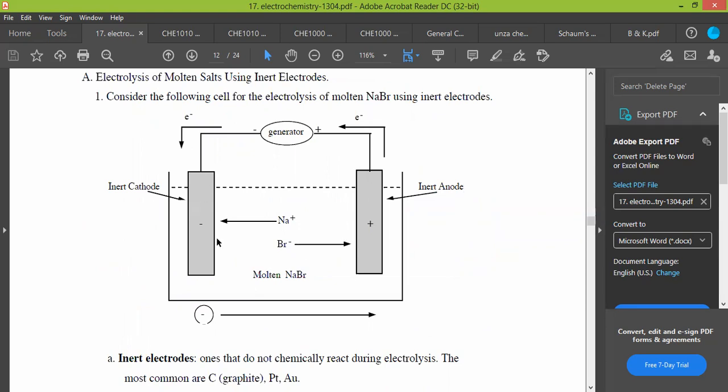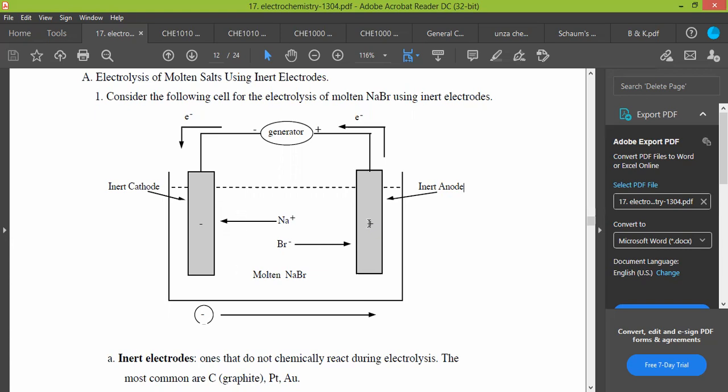So if we allow electrons to start coming in, this side is going to become a bit more negative than it should, and therefore there will be no neutrality. So for there to be neutrality, the sodium ion begins to react with those electrons. Therefore, this is being reduced to sodium metal.